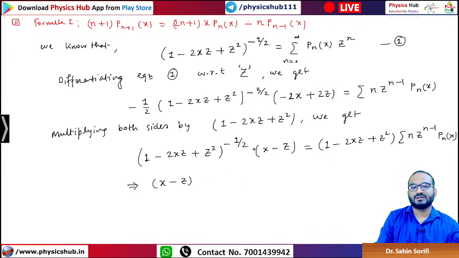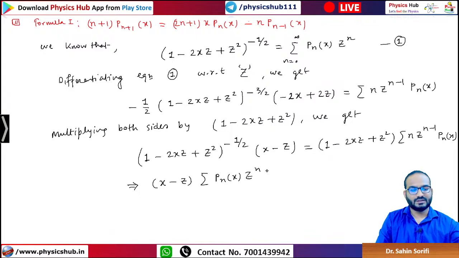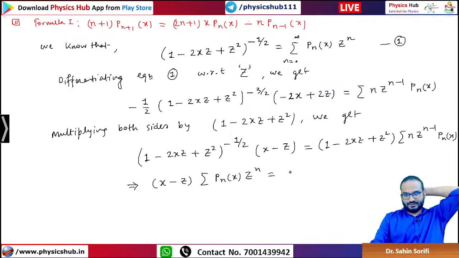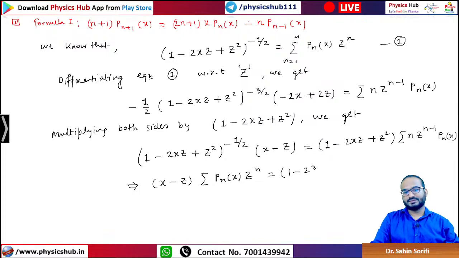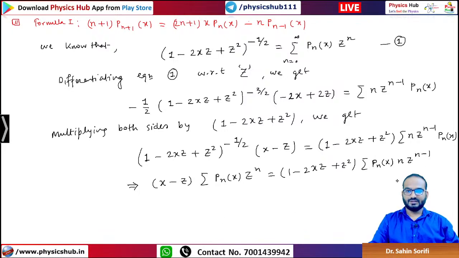This equals the right hand side, (1 minus 2xz plus z squared) times the sum over n P_n(x) z^(n-1). Let's call it equation number 2.